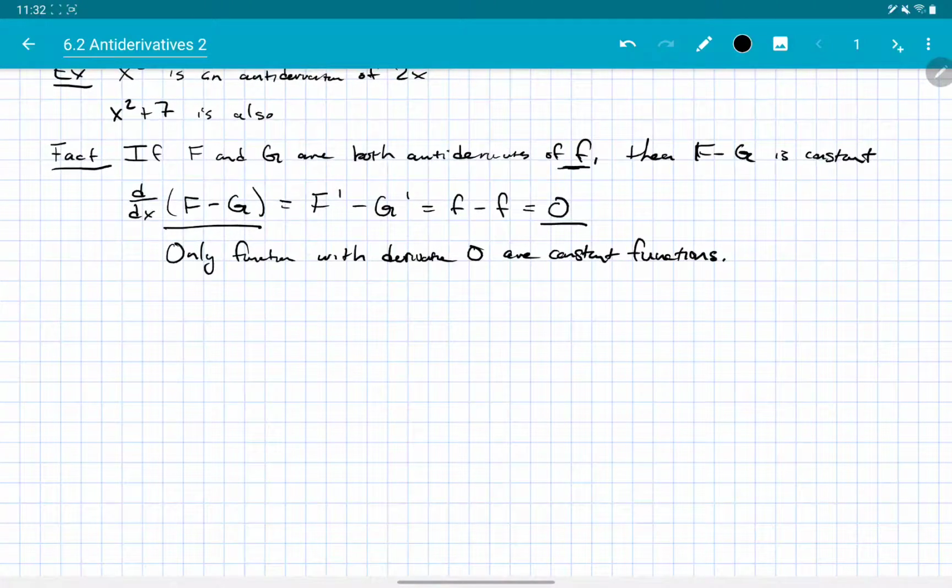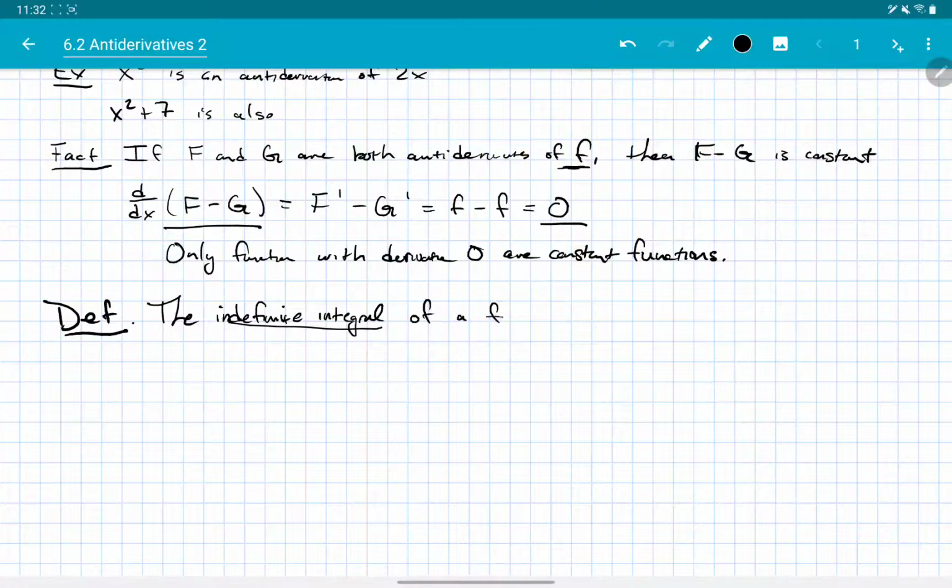Okay, so here's another definition. The indefinite integral of a function f is any antiderivative of f plus a general constant.